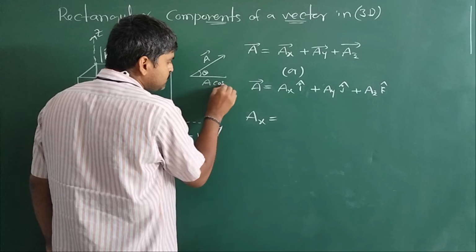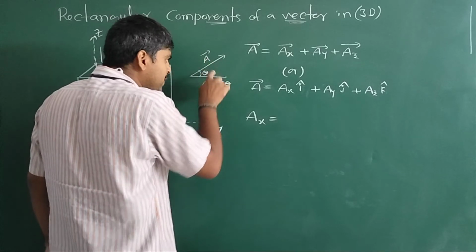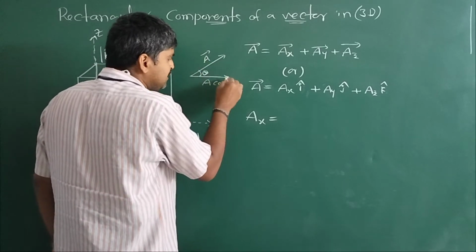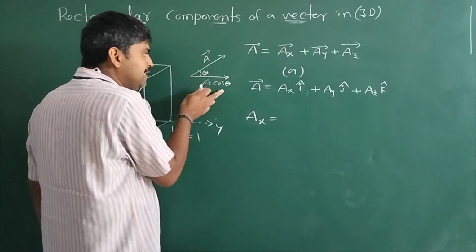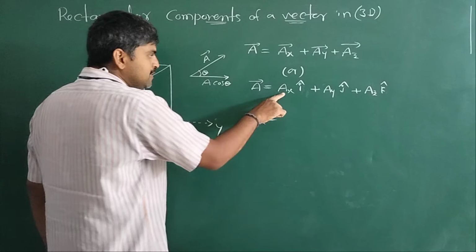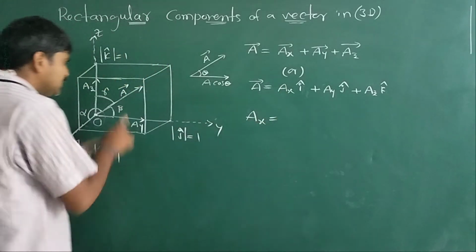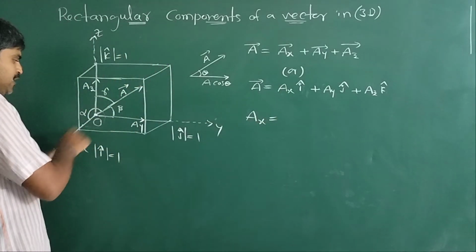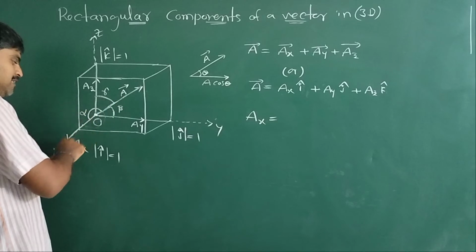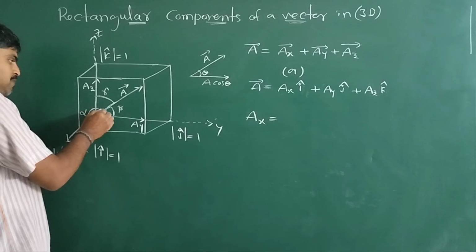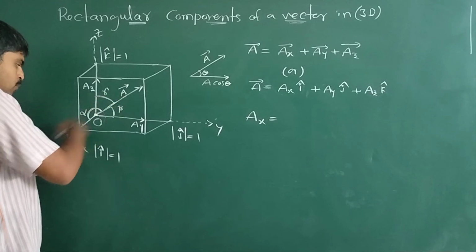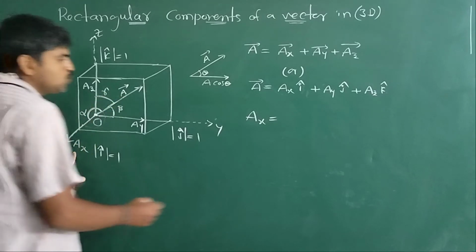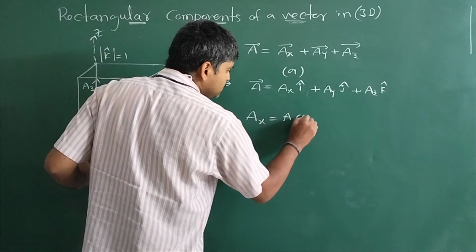A cos theta. This vector makes an angle theta with this axis, either x or y, whatever it may be. This is the angle, angle side always cos. So this ax is the vector's effect in the x direction. Now this vector and the x-axis make an angle alpha. So this component, how much? The ax component value is a cos alpha.